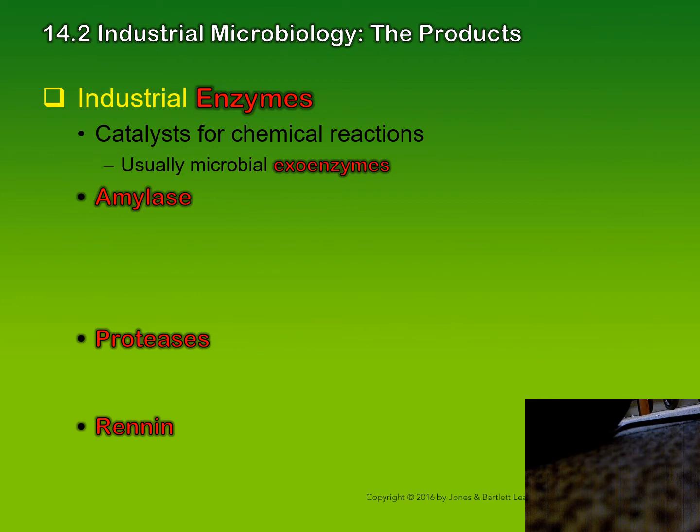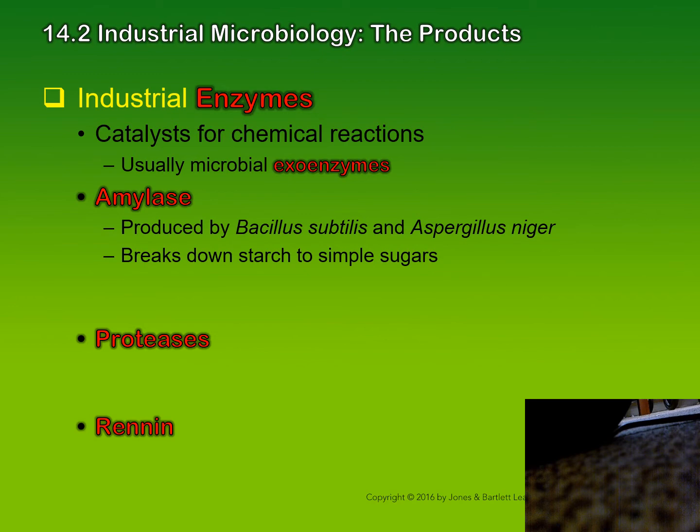The primary one among those is amylase. Amylase is produced by Bacillus subtilis and Aspergillus niger, and what amylase does is break down starch into simple sugars, generally glucose.